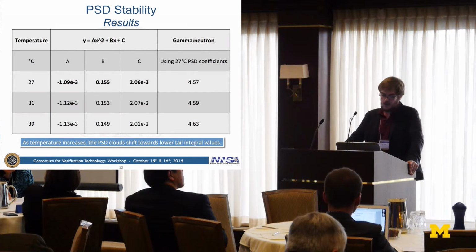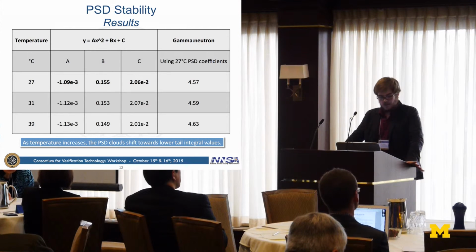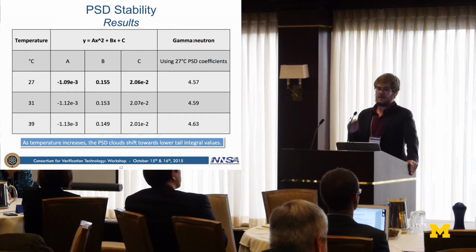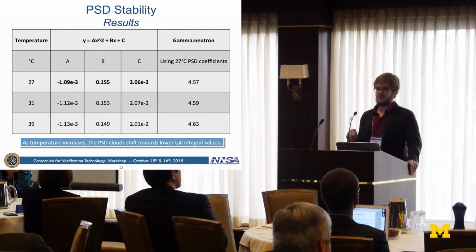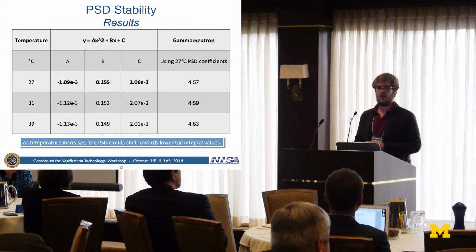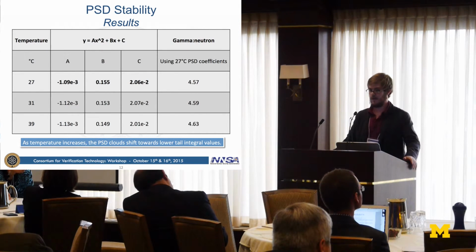As we see, using the 27-degree gamma-neutron discrimination line, the gamma to neutron ratio increases with temperature, which is according to our expectation because the discrimination line remains constant while the point clouds move down, which means that neutron counts are beginning to be classified as gamma counts.